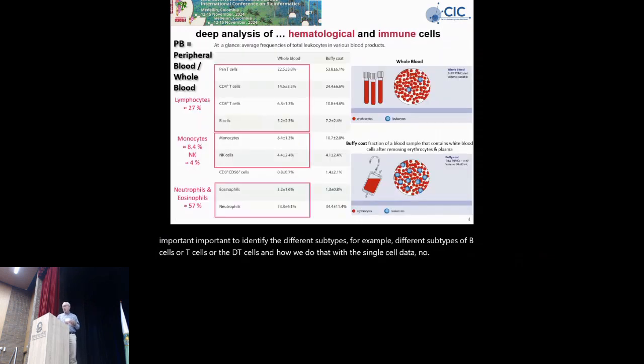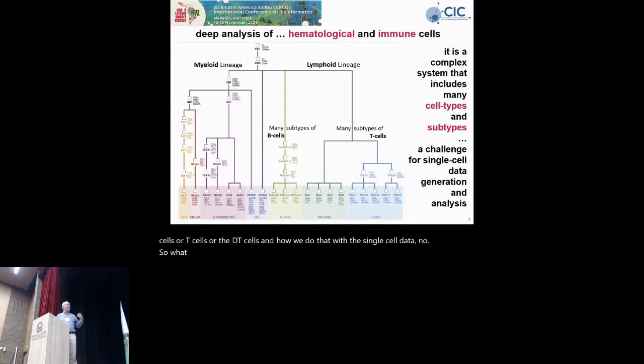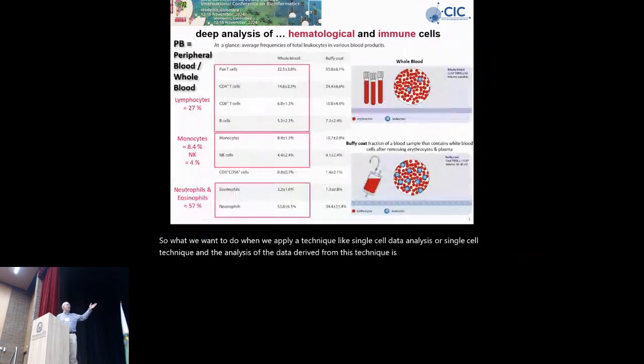So what we want to do when we apply a technique like single cell data analysis, and the analysis of the data derived from this technique, is to resemble what is known in nature, how is the composition of our real blood or peripheral blood.